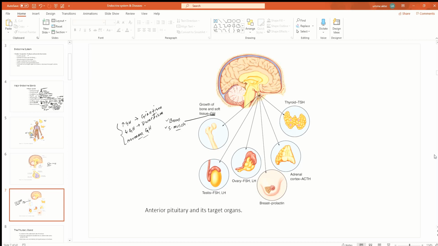In that case, the facial bones and the finger bones will get thicker, will grow in width.